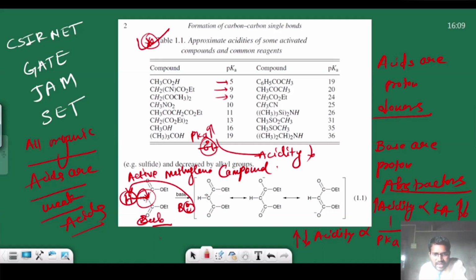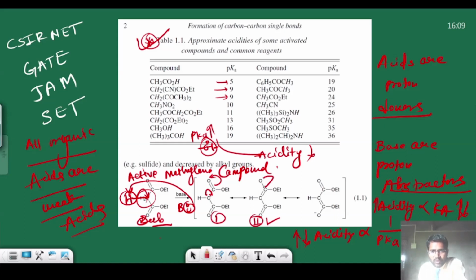This anion will do the conjugation and there is a formation of this. If this anion undergoes resonance, there is a formation of this particular canonical structure, which is the second.